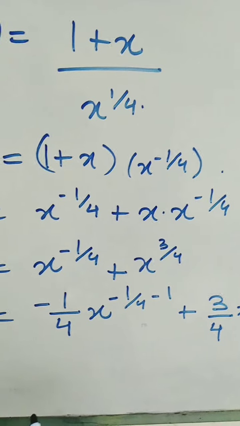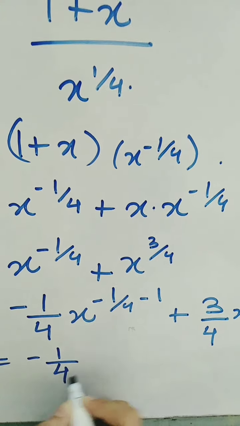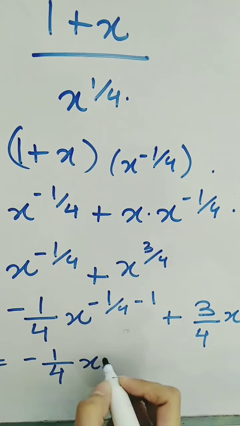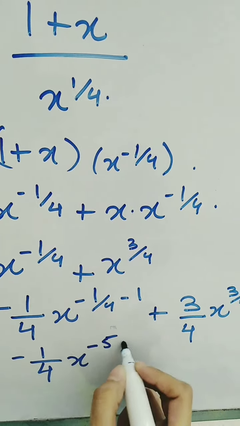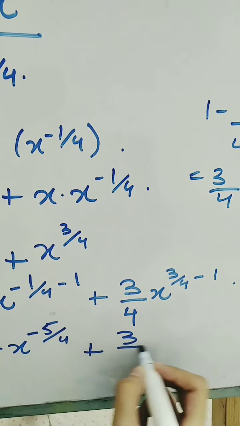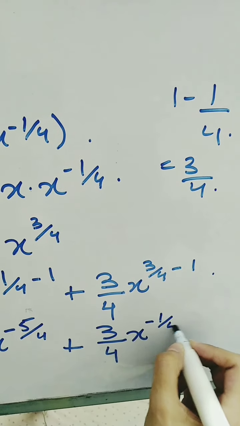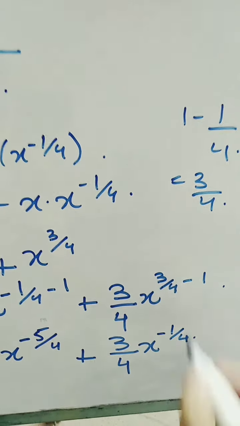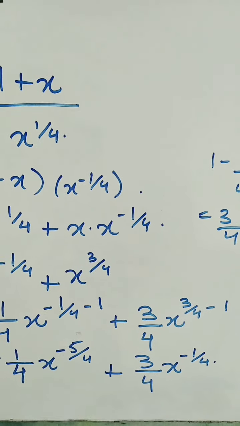Now further solving, we will have minus 1 over 4. Here we have taken the LCM, and it becomes minus 1 minus 4 is minus 5 over 4 plus 3 over 4 x raised to the power minus 1 over 4, as 3 minus 4 over 4 is minus 1 over 4.